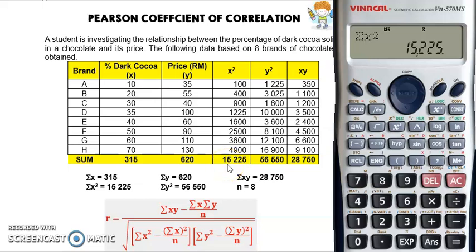If you want to get other values, press shift 1 again. If you want the summation of x, press 2 equal, and we get 315. How about y, total y, y squared and so forth? Again you press shift 1, and if you look here, there is an arrow.